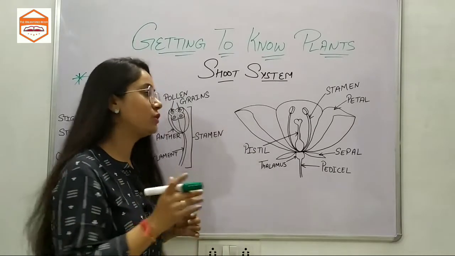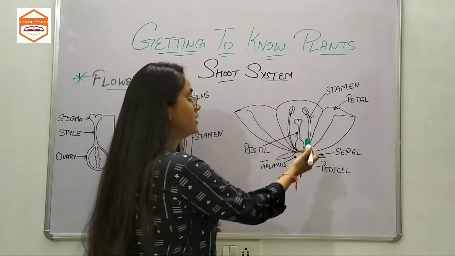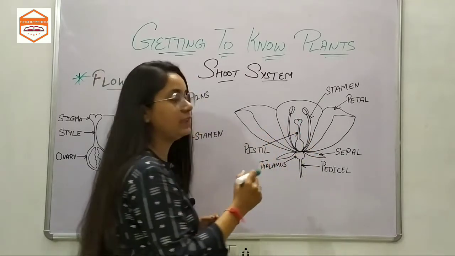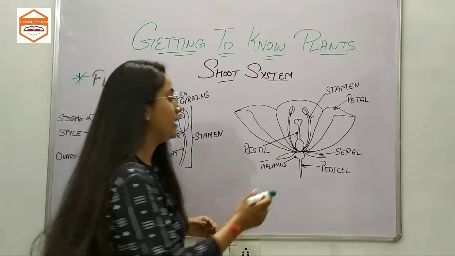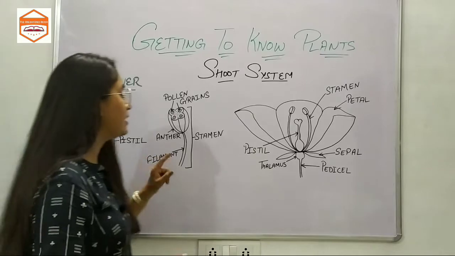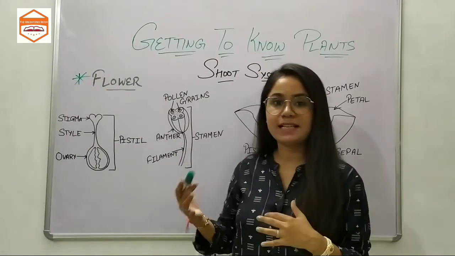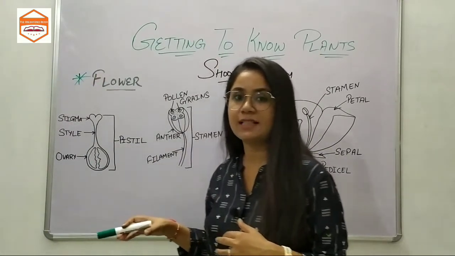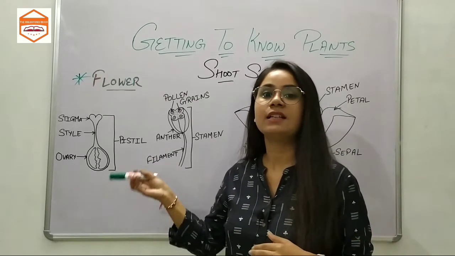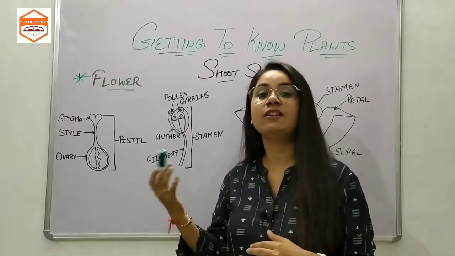As I told you, when the pollen grains fall on the stigma, they reach the ovary through the style, and in the ovary you would see these ovules. When the male sex cells fuse with the female sex cells, this process is known as fertilization, and it forms the fruit.